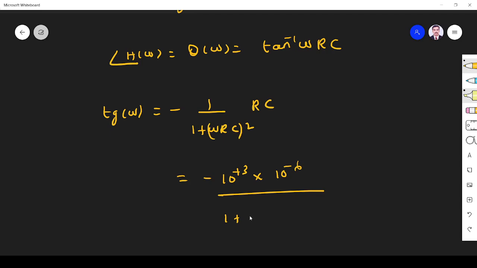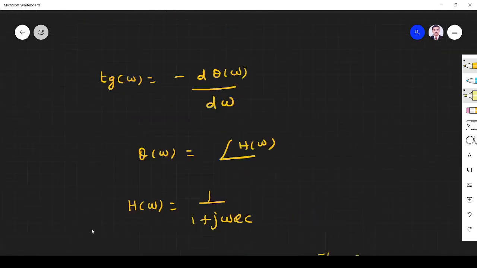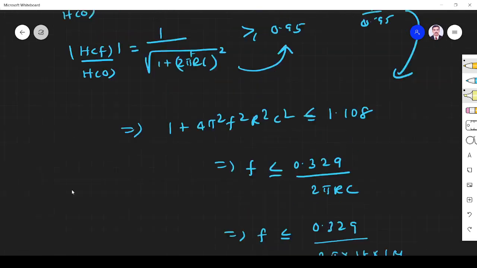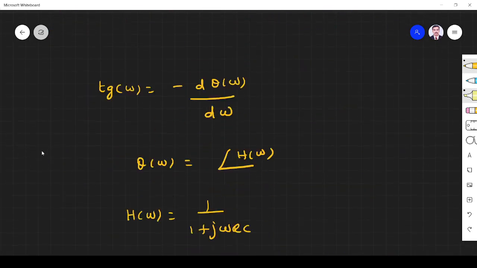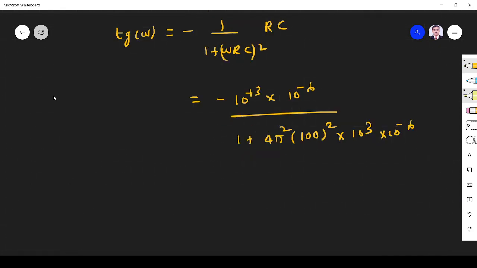Omega is 2 pi f, with f exactly 100 hertz, so no problem.